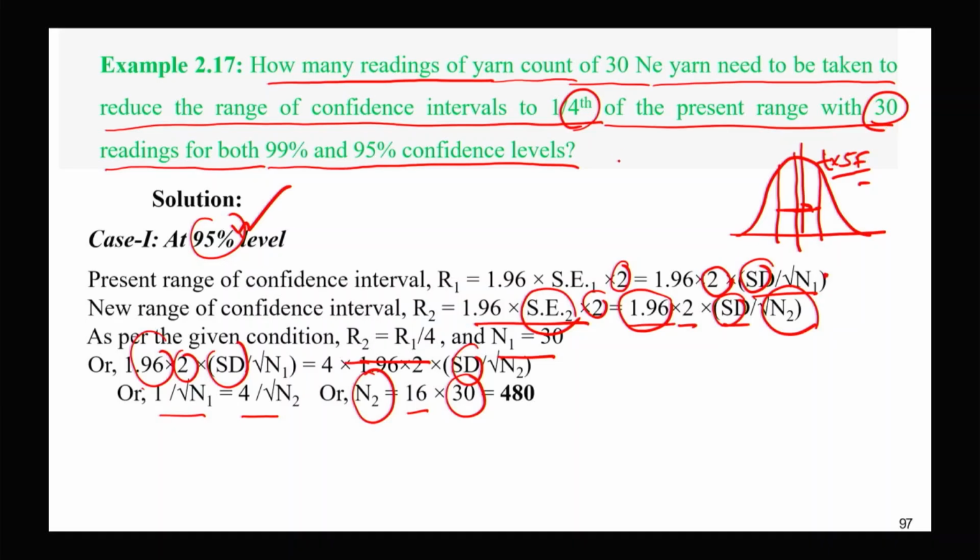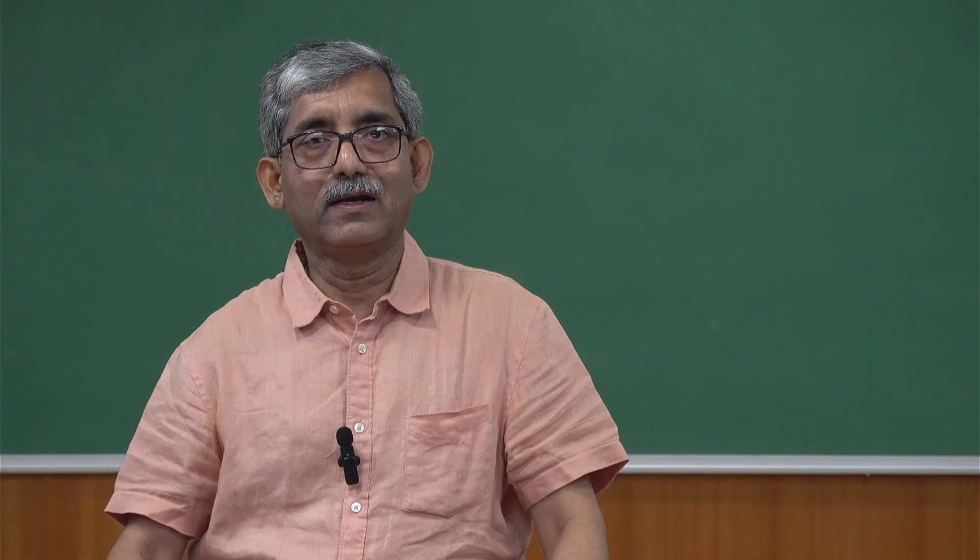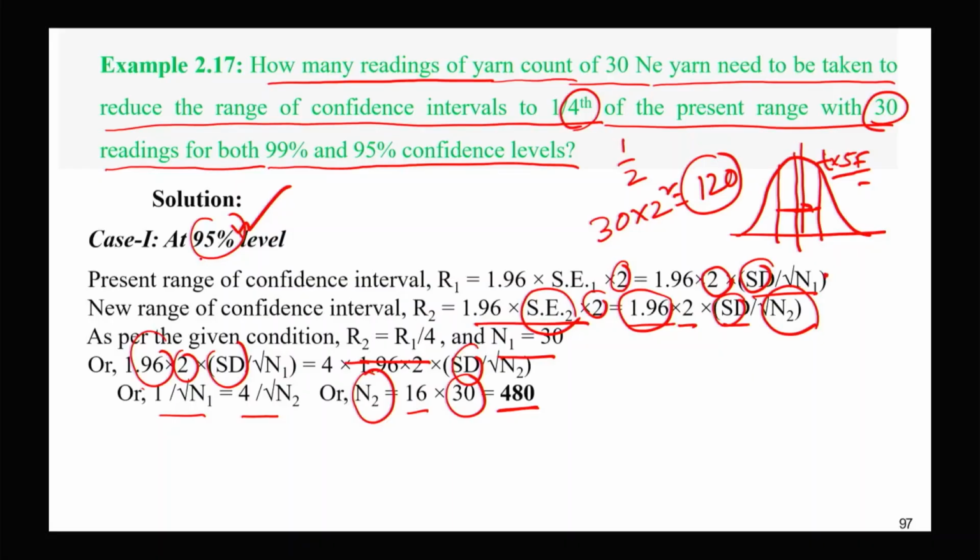So if you want to halve it, it will be 30 multiplied by 2 square, that is 120. Okay, 4 times of that is 480.